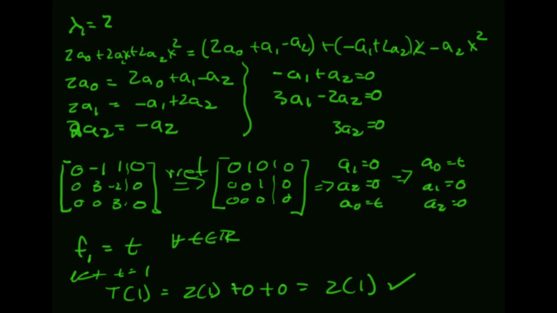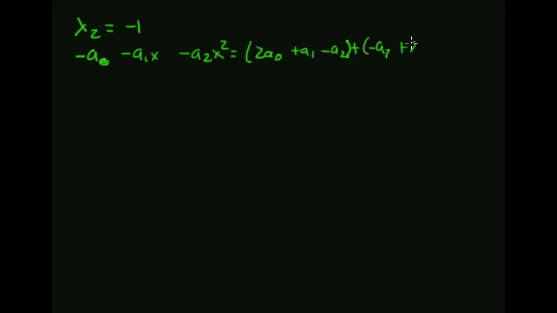So let's try that. Lambda 2 is equal to negative 1. So we're going to multiply negative 1 by each of the original coefficients, and we're going to get 2a0 plus a1 minus a2 plus negative a1 plus 2a2 x minus a2x squared.